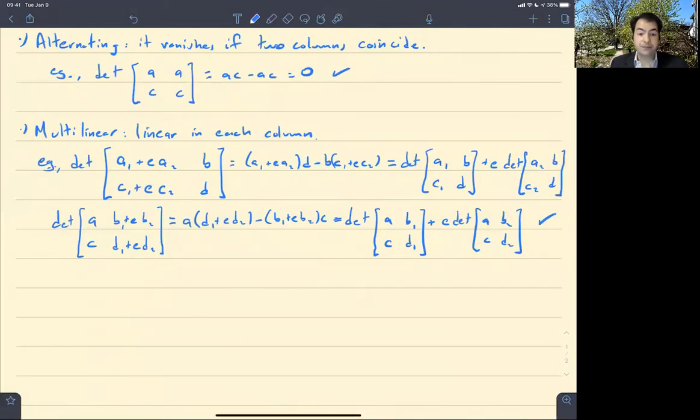Right, so that is multilinearity for the 2 by 2 determinant.